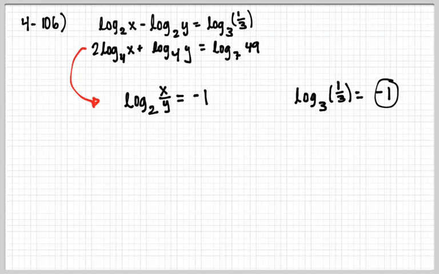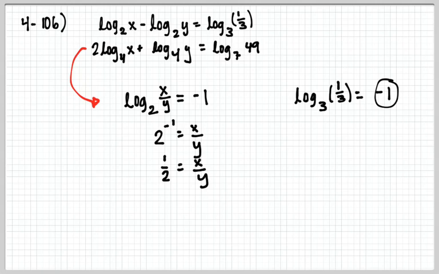If we translate this into exponential form, we get 2 to the -1 equals x over y. And 2 to the -1 is 1/2, so 1/2 equals x over y. Now let's do the second equation and see what happens. Let's condense it.